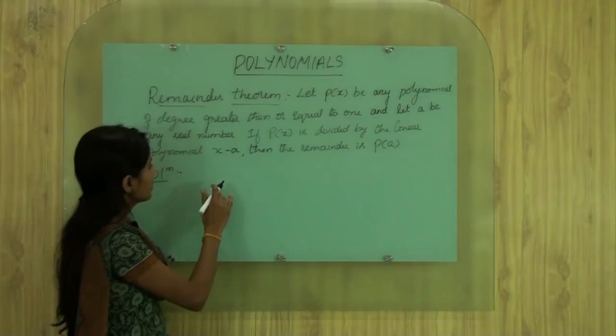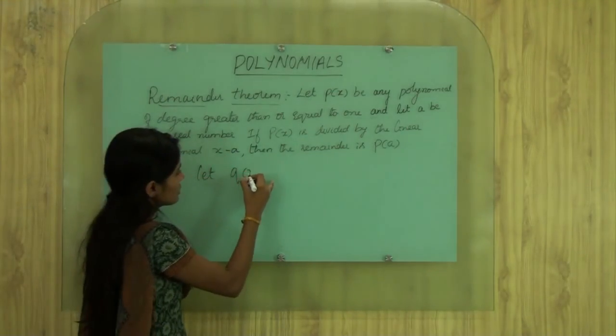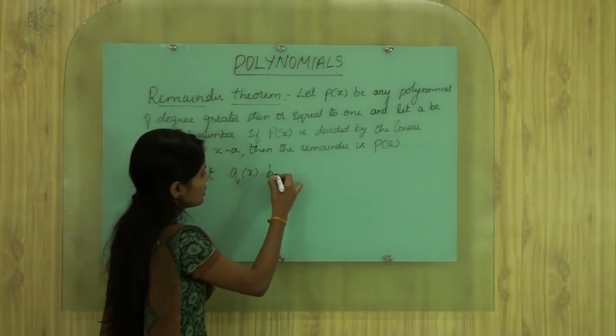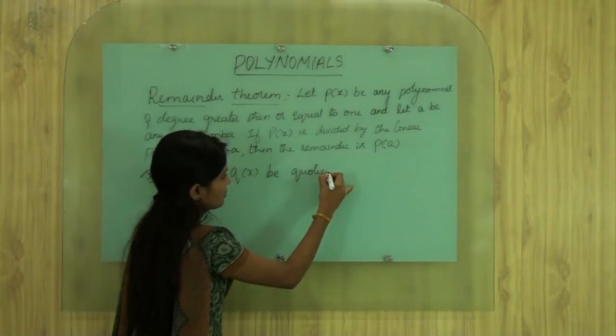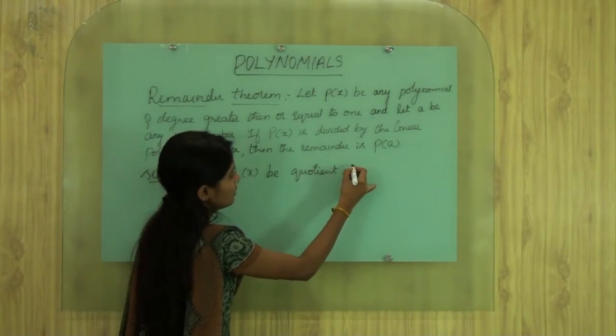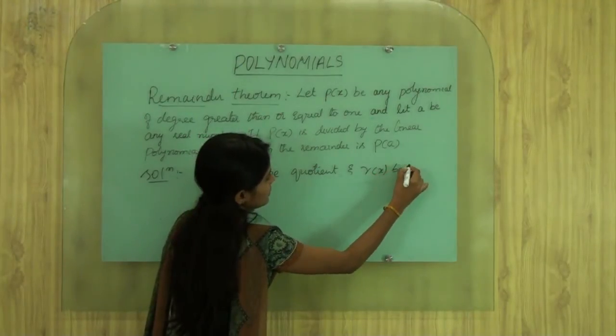Let us assume q of x be the quotient and r of x be the remainder.